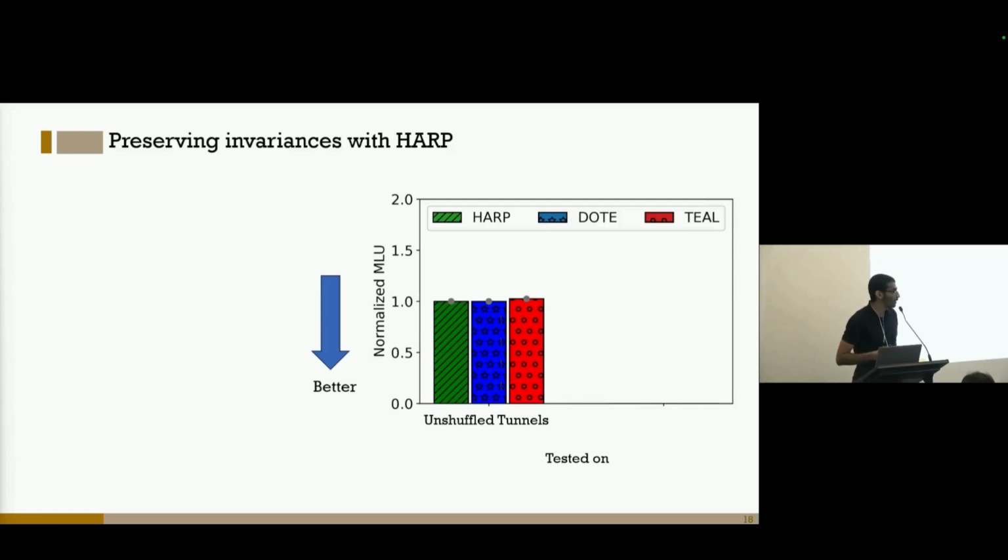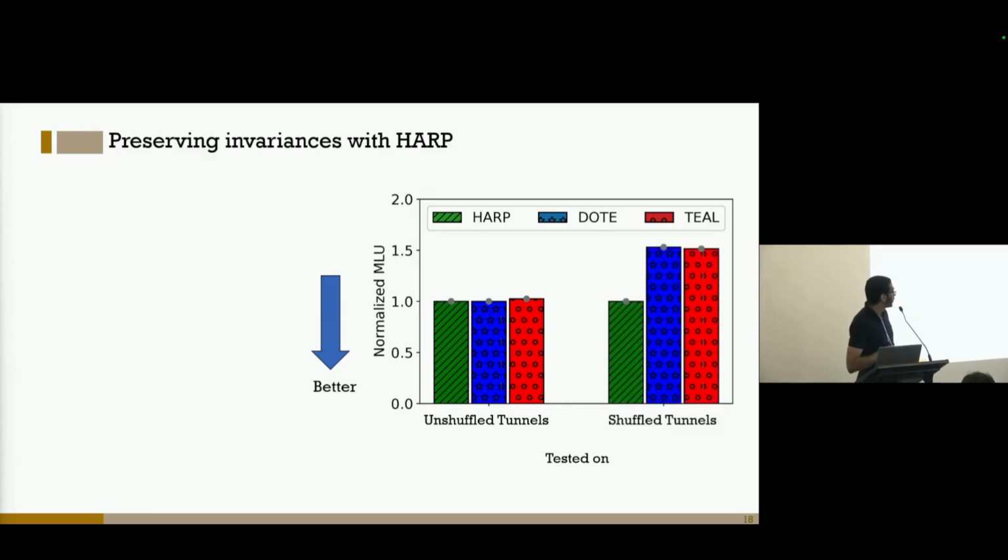And as we see, the three systems perform well. However, in the second experiment, we used the same training tunnels, but relabeled or reordered or shuffled. And as we see, only HARP retains its performance, while DOT and TEAL generate 1.5 times higher MLU.